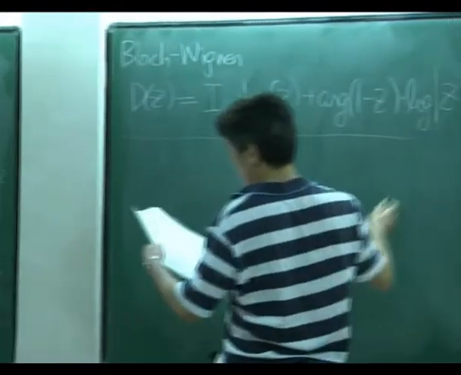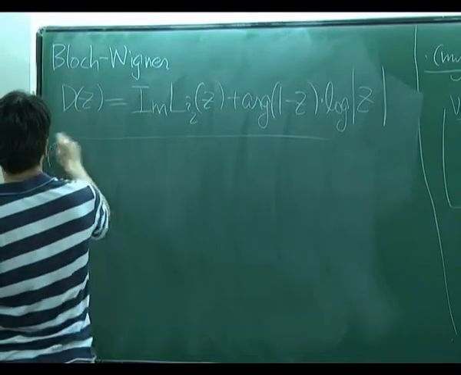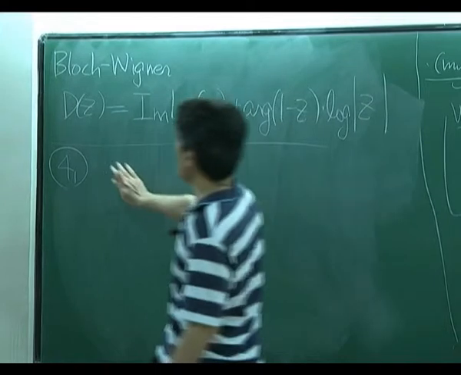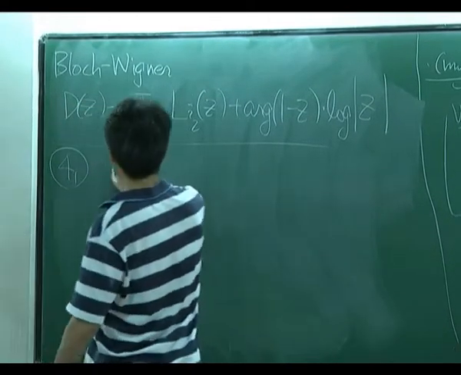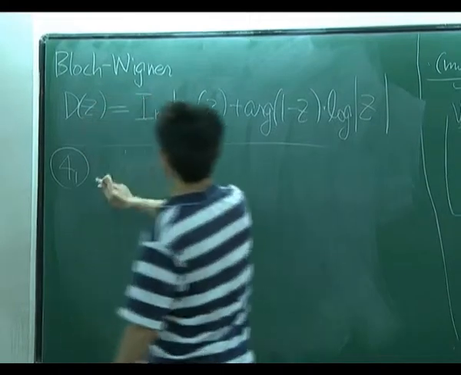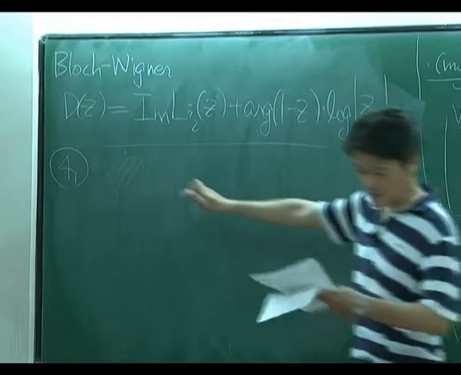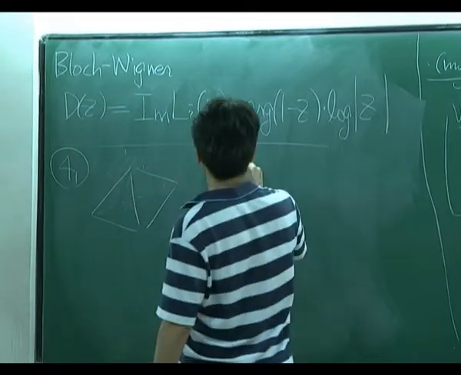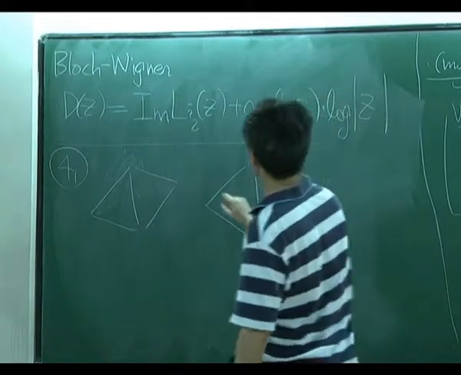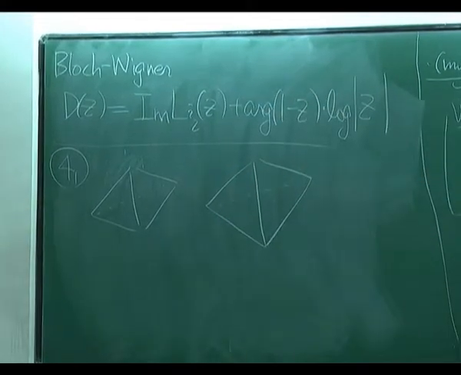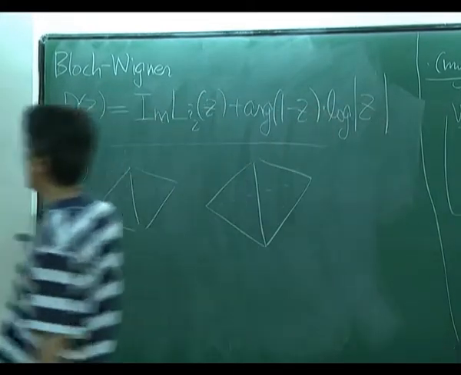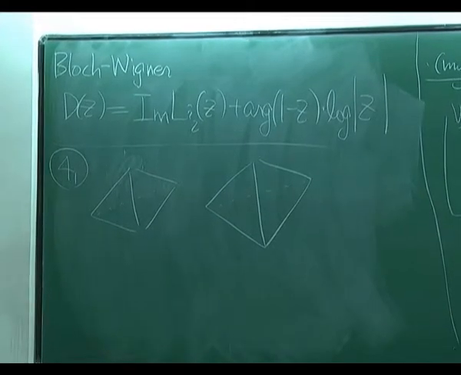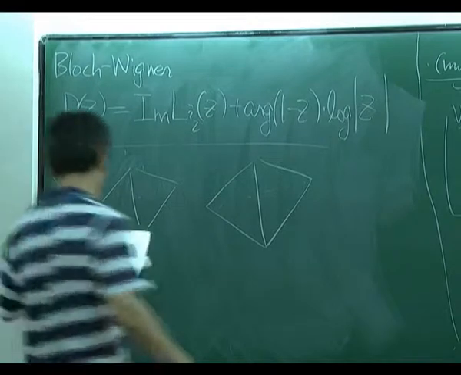So I explain the case of the figure eight knot. In this case, it is known that the complement of the figure eight knot is decomposed into two hyperbolic tetrahedra. I wrote these tetrahedra, but the meaning is the same as this one.